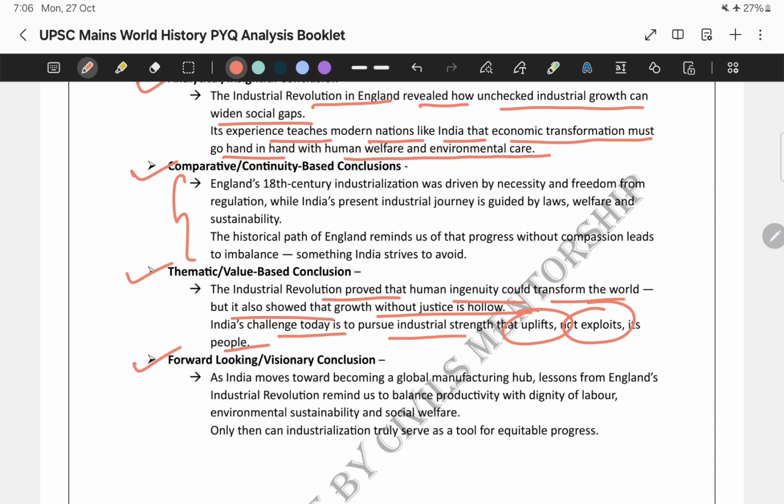And finally, this is UPSC's favorite, the forward-looking or visionary conclusion. As India moves towards becoming a global manufacturing hub, lessons from England's Industrial Revolution remind us to balance productivity with dignity of labor, environmental sustainability, and social welfare. Only then can industrialization truly serve as a tool for equitable progress.